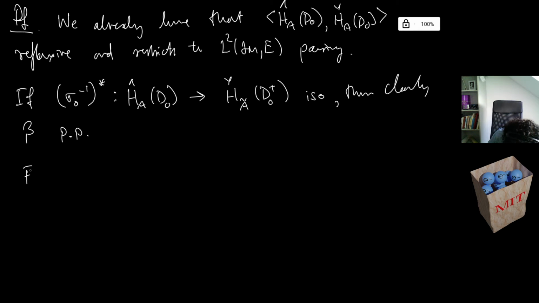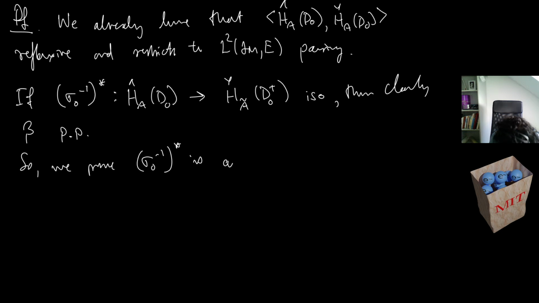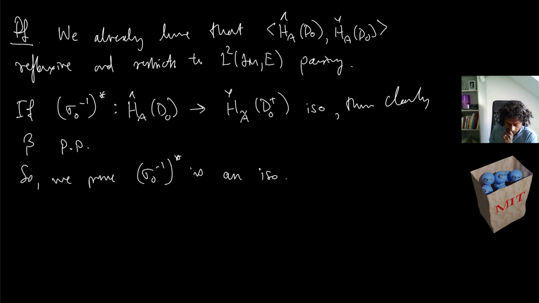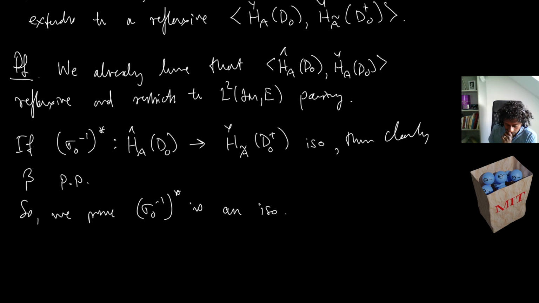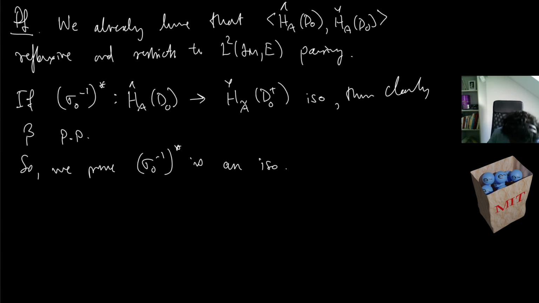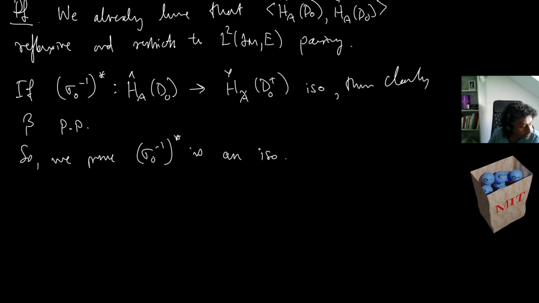So we prove it is an iso and restricts to the L2 pairing, i.e. the restriction of this perfect pairing to compactly supported or smooth functions is the L2 inner product. Okay, so how do we prove that this is an iso?